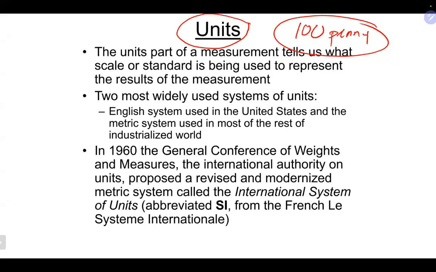So in 1960, they actually got together, and in chemistry and in science in general, they came up with what is sometimes referred to as the SI system of units, the SI units. The SI units are really based off of the metric system. And you'll hear a lot in chemistry, the SI unit of this is that, the SI unit of this is that.